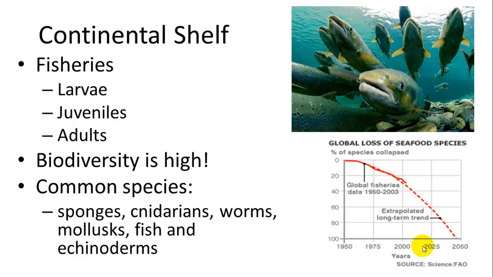So the continental shelf is where we do most of our fisheries, most of our catch, but it's also very important because this is where many species go to lay their eggs, where their larvae and juveniles will grow until they reach full maturity. So biodiversity is very high because it has a lot of the limiting factors in increased amounts.